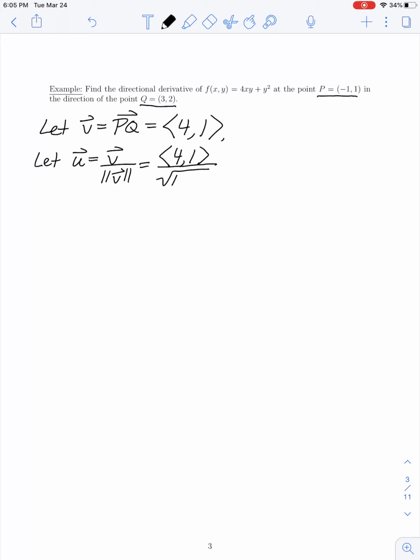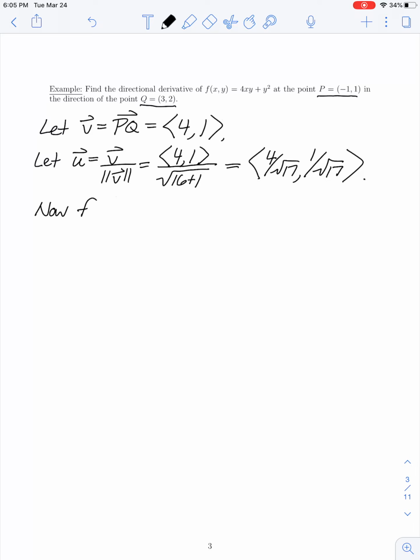So here we have the vector 4, 1, and we're dividing by the square root of the sum of the squares, which would be square root of 17. So our first component is 4 over the square root of 17, and second component 1 over the square root of 17.